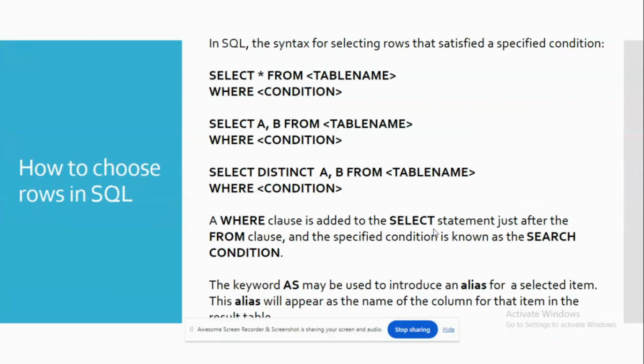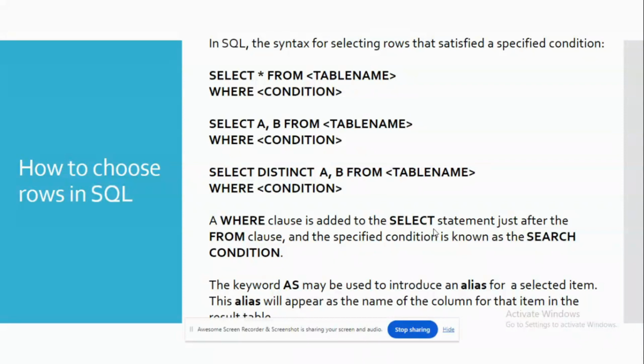The syntax to do that, if we want to select all the columns, we can use the SELECT statement and the asterisk and the FROM clause, then the table name with the WHERE clause and our condition. If we want to specify our columns, we use the SELECT statement and the specified columns, the FROM clause, the table name, and the WHERE clause, then the condition.